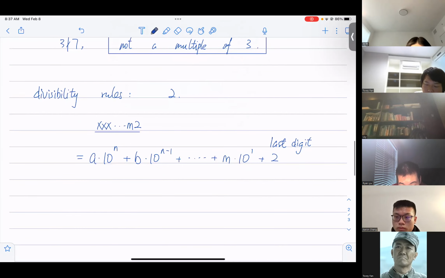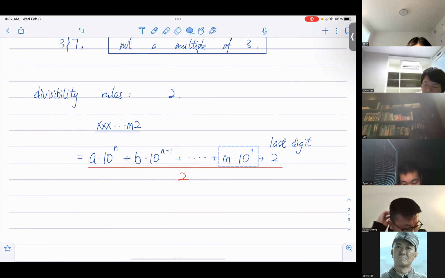You will see that if you divide this number by 2, since 10 is a multiple of 2, right? Again, every term can be divided by 2 because they have a 10 in it. It doesn't really matter what number you times with, right? 1 times 10, 2 times 10, 3 times 10, they can all be divided by 2.